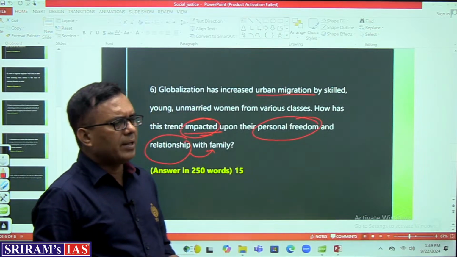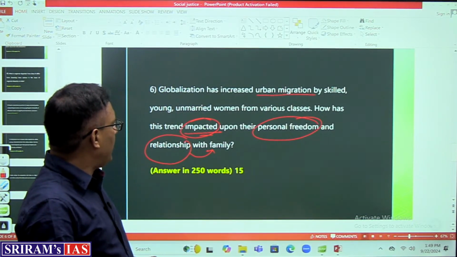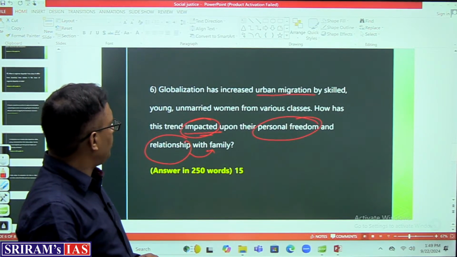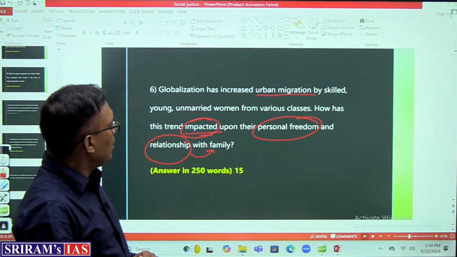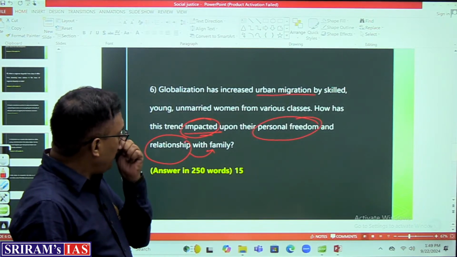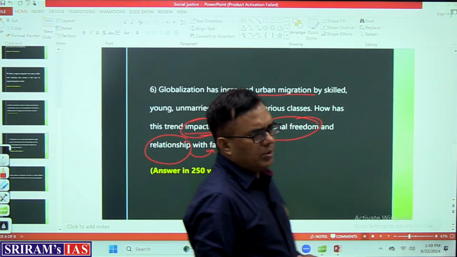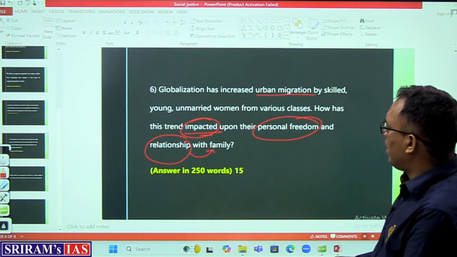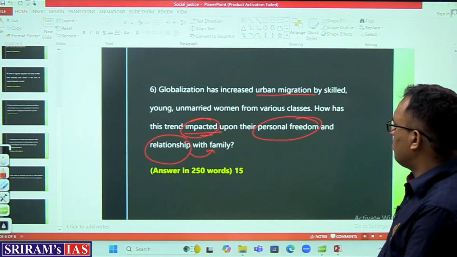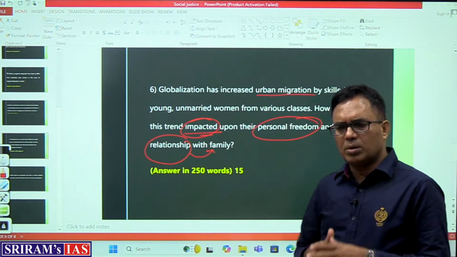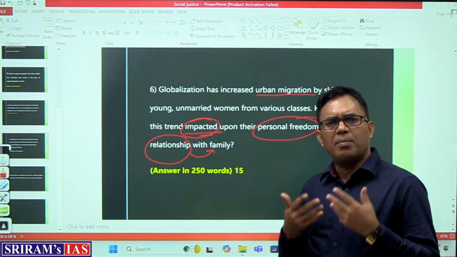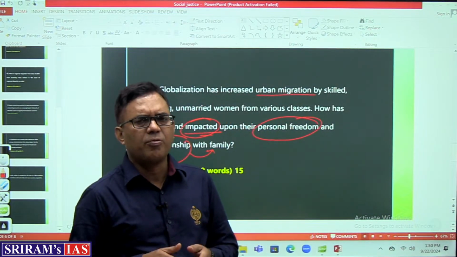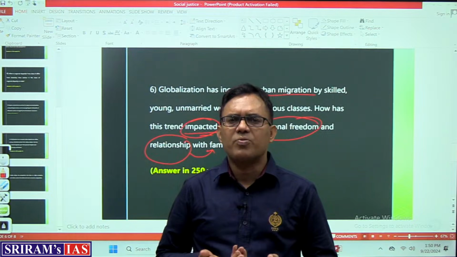On that basis, in what way is their freedom being affected? How are they developing their mindset, and what kind of relationships are they fostering in the new atmosphere? That is the question.